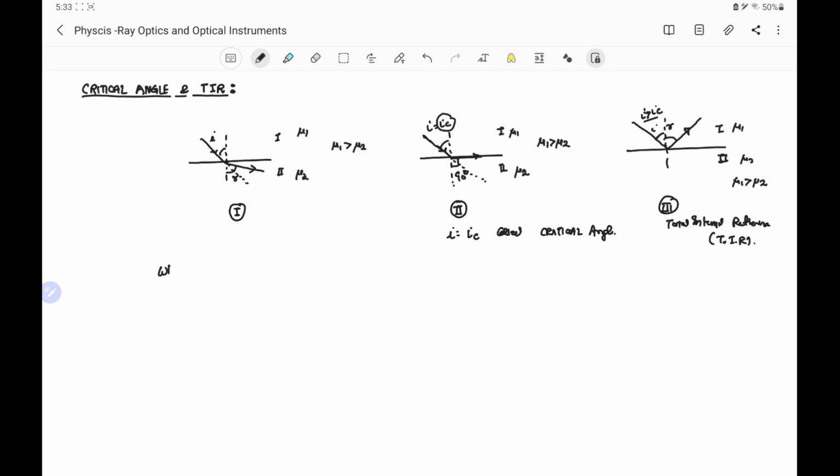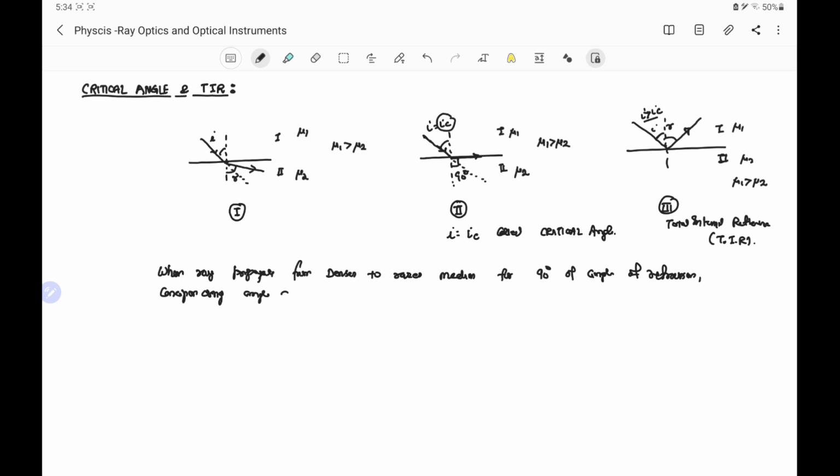So we can say that when a ray propagates from denser to rarer medium, for 90 degree of angle of refraction, as in the second case here, the corresponding angle of incidence, which we have shown by IC, is called the critical angle.